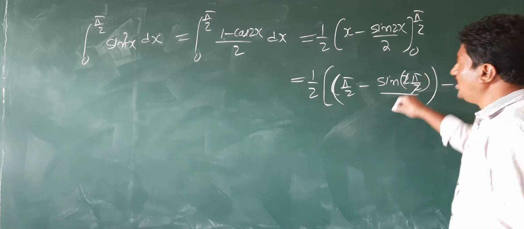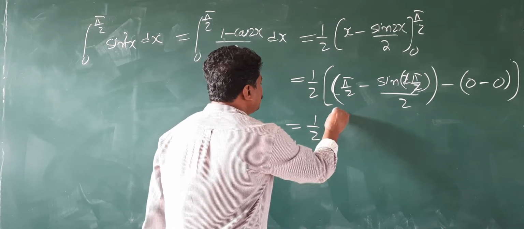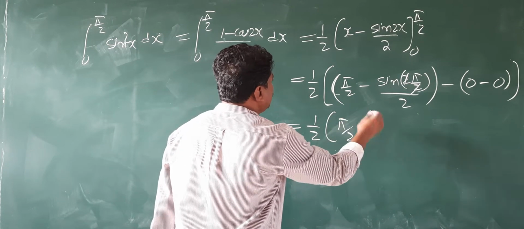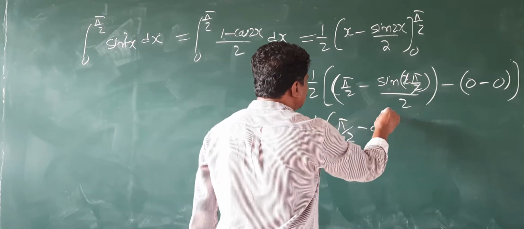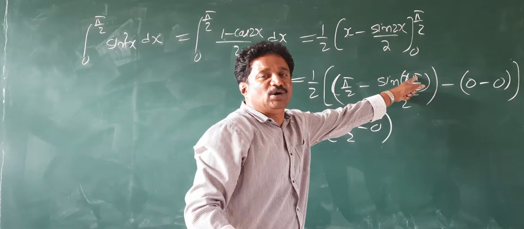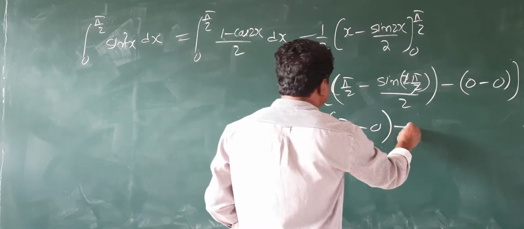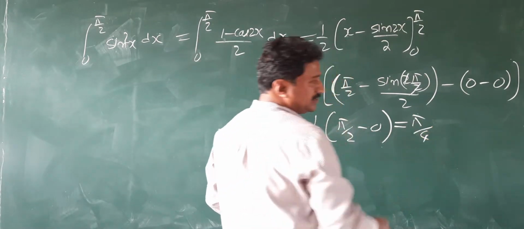So we get the same answer: 1 by 2, pi by 2 minus sin pi, which is 0. Tell me the final answer. Pi by 4. Same answer.